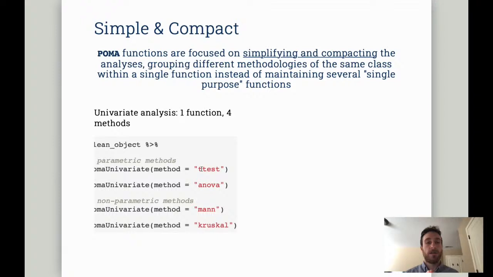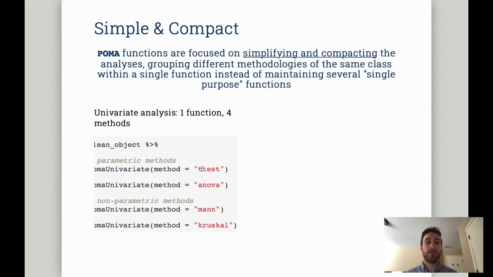Why? Because I think this is useful for two things. First one is for the developer of the package. It's easier to maintain one function than to maintain four functions. So from a programming or software point of view, I think this is much better.